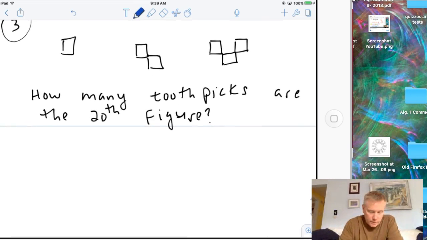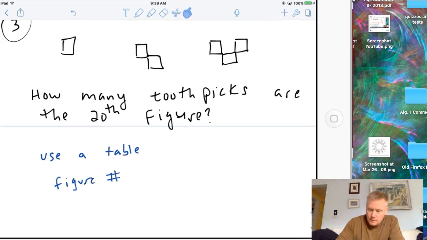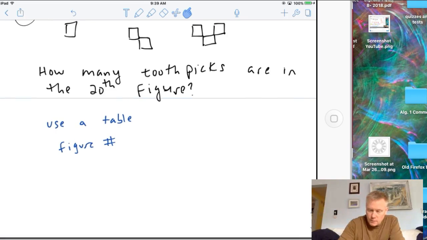I'm going to start with this. If I use a table, this will be figure number. So like this would be my first figure over here, this would be my second figure, that would be my third. 1, 2, 3.